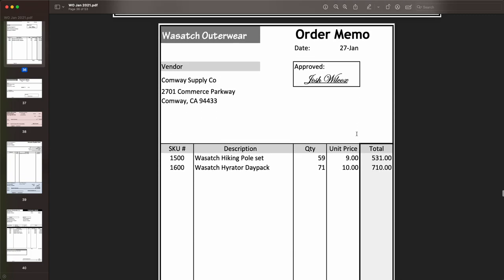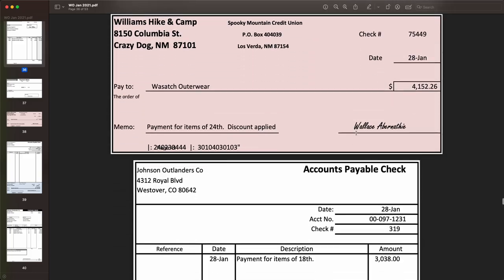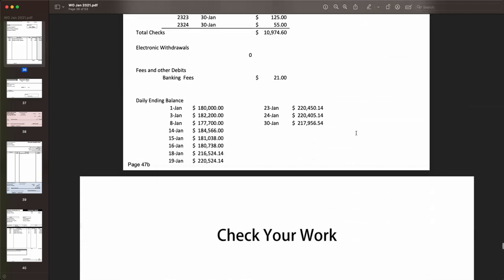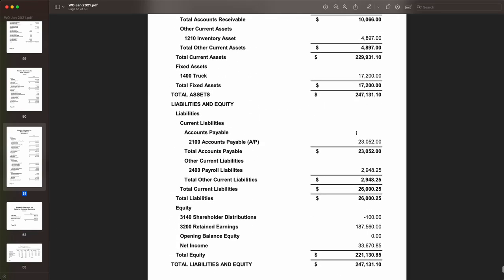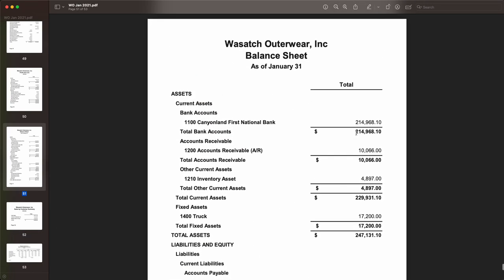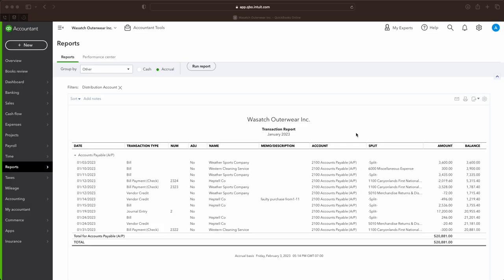Order memo. A balance sheet amount or the details for inventory, like which inventory asset needs to be what amount, but we don't. So let's figure this out here.